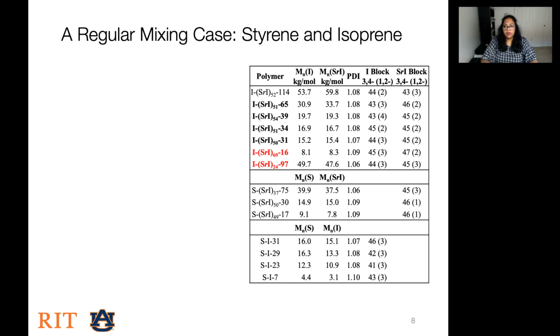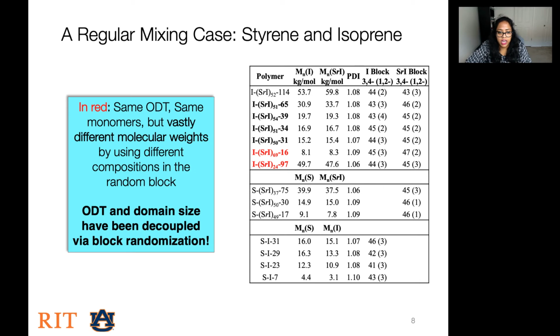And so they were able to synthesize many different block random copolymers with different compositions and different degrees of polymerization. The ones highlighted in red show that you can have two really different looking molecular weights with the same ODT. So now you can really decouple ODT from domain size by using these block random copolymers.